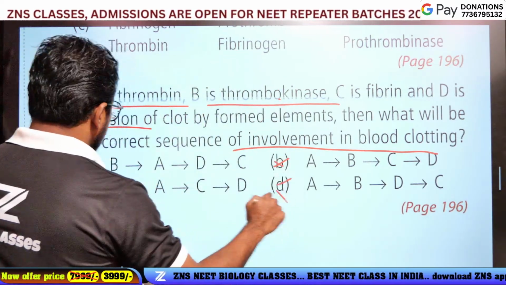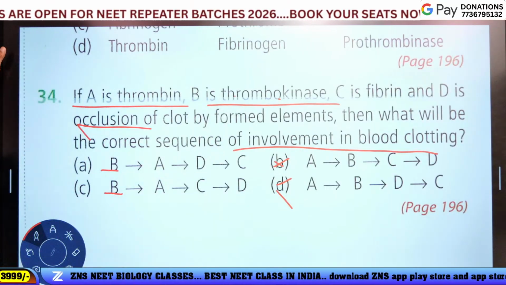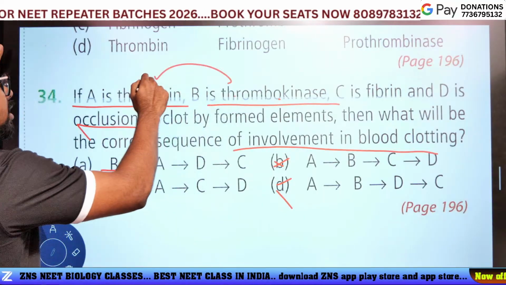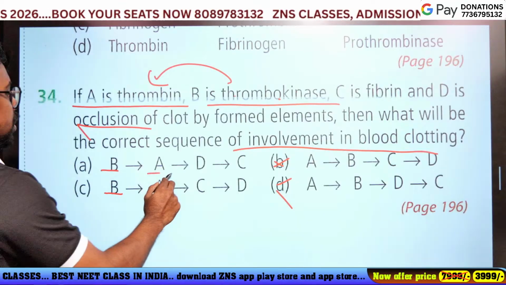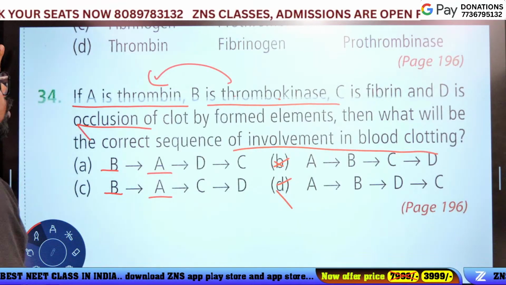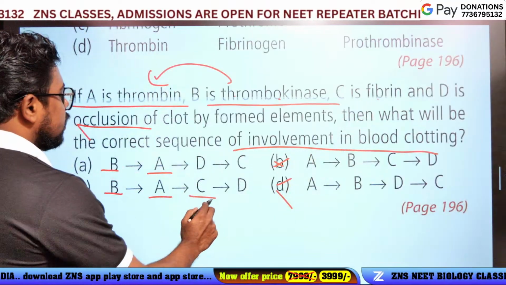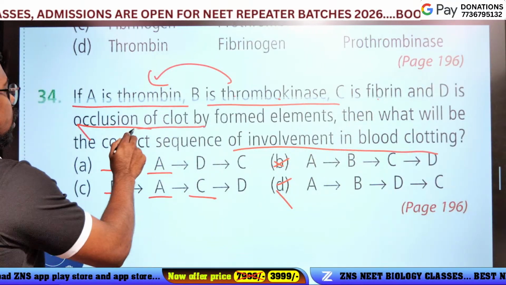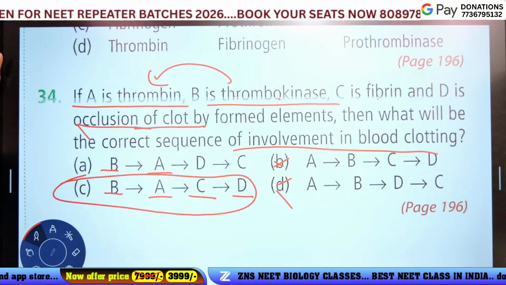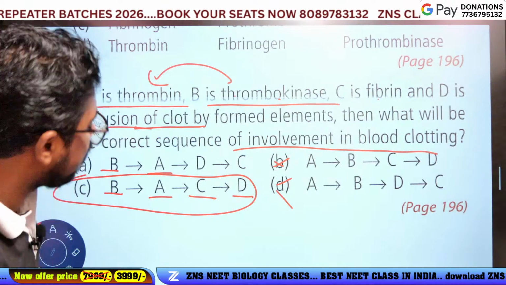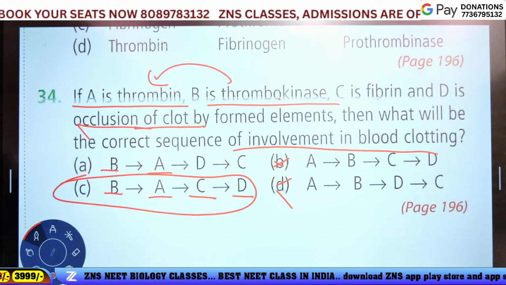Then thrombokinase converts prothrombin into thrombin, A. Thrombin converts fibrinogen into fibrin, C. And then the clot forms, D. Option C is the answer.